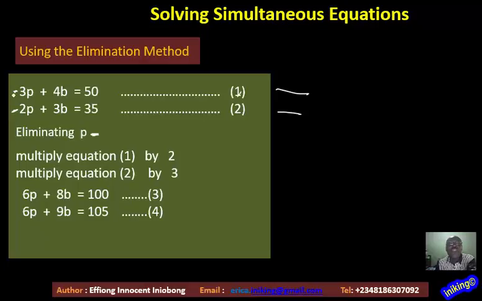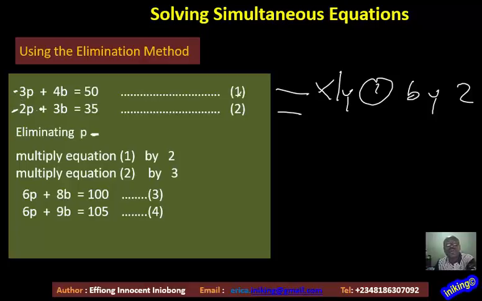The first thing I do is to make sure the coefficients of P in the 2 equations are equal. That can be done by multiplying the whole of equation 1 by the coefficient of P in equation 2, that is 2. Which means I multiply the 3P, the 4B, and the 50 by 2. That way I turn the coefficient of P here to 6.